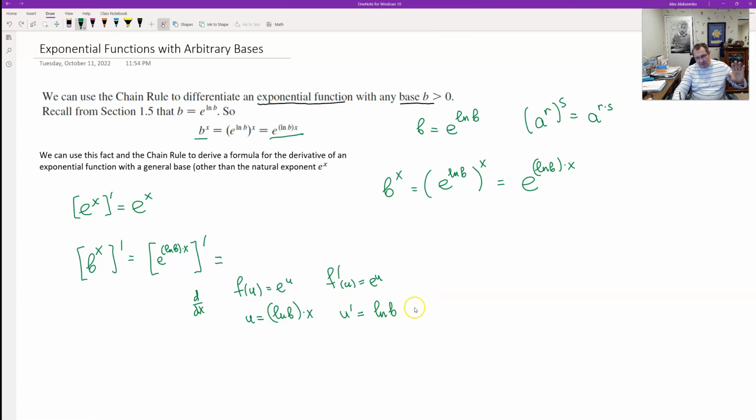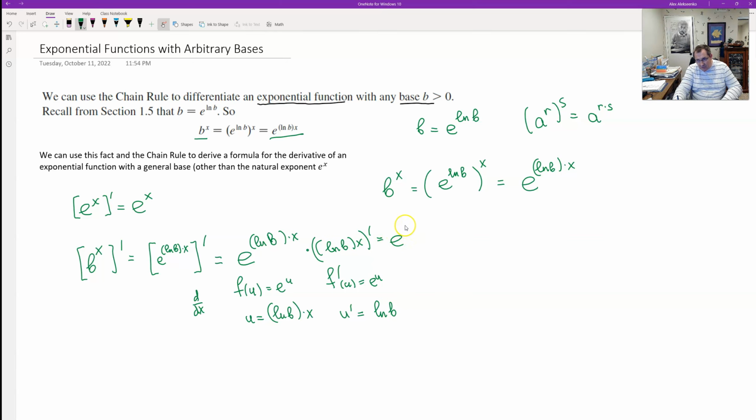I will not put it in parentheses anymore, so I will leave it as is. According to the chain rule, we will have the derivative of the outside function, which is e raised to u, except instead of u, we will substitute natural log b multiplied by x. And then we'll need to take that whole expression over here, natural log b times x, and differentiate.